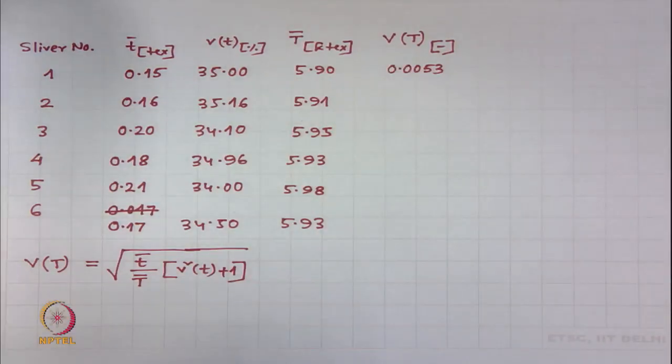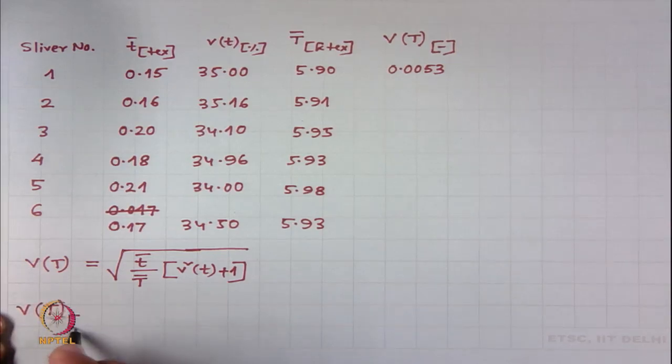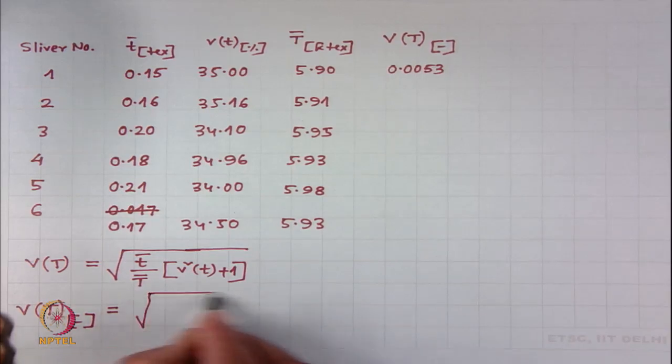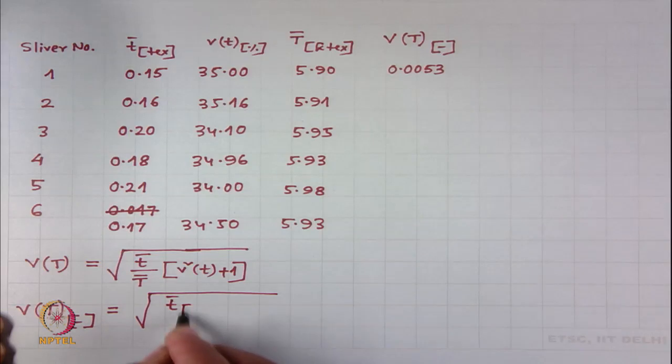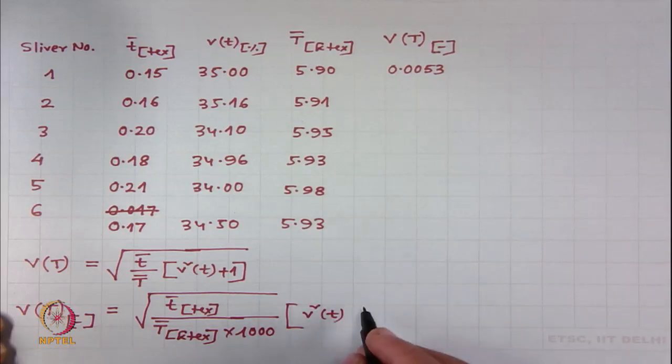So, this value you will obtain as 53. Let me write it in terms of unit. This is dimensionless, this is in tex given, and this is kilotex given. So, you have to multiply it by 1000, then V square T in percentage given.